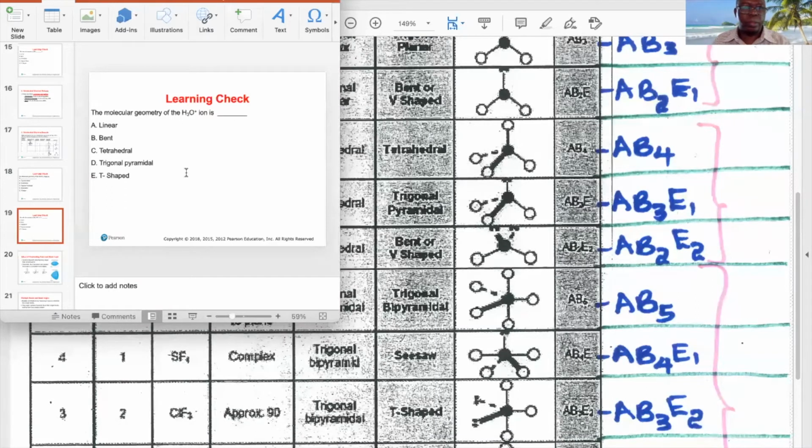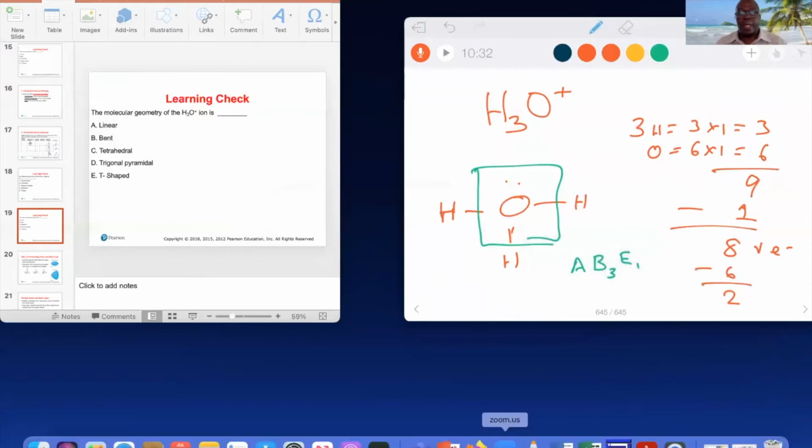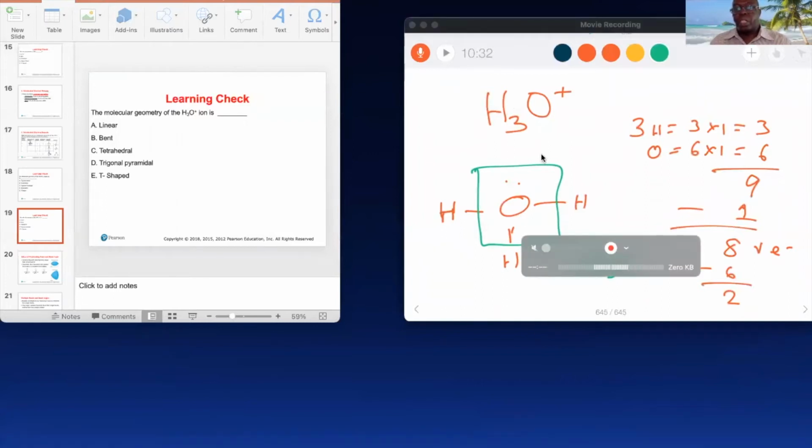Why did I subtract 6? Let me go back here and I'll show you why. In Lewis structure, we subtract the bonding electrons from the total.